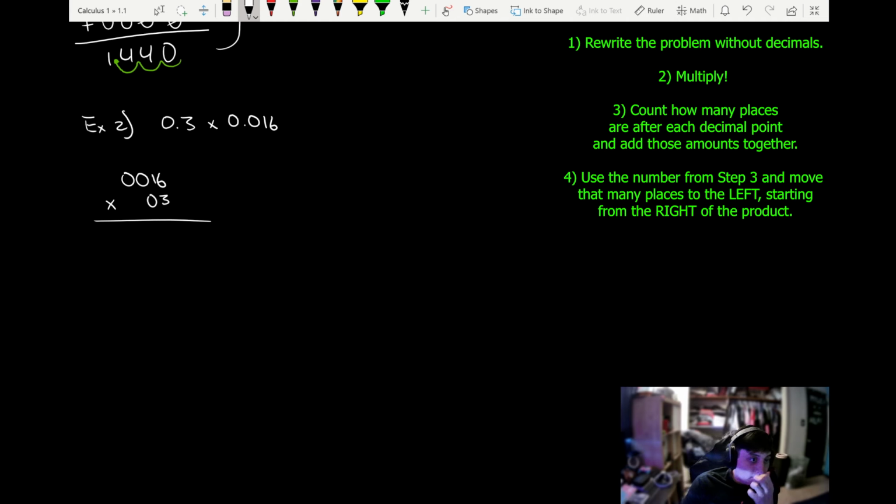See how the original problem says 0.3 times 0.016? And I rewrote it with the 0.016 first, or the 0016 first, because we can multiply in any order, okay? Just like how we can add in any order. We say that multiplication is commutative. So let's multiply these normally. We have 3 times 6, which is 18. Carry the 1. 3 times 1 is 3, plus 1 is 4.